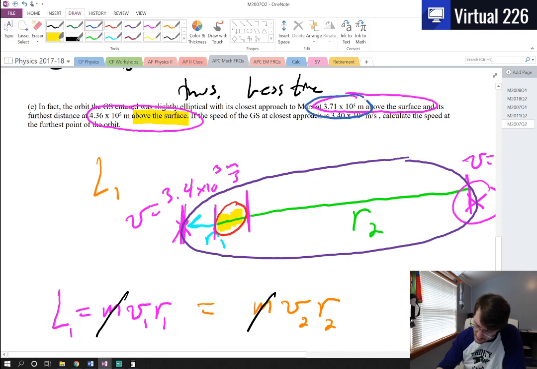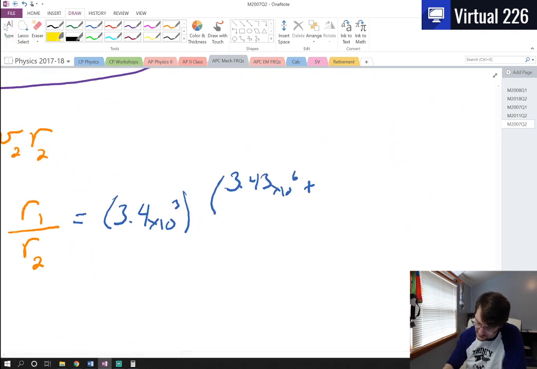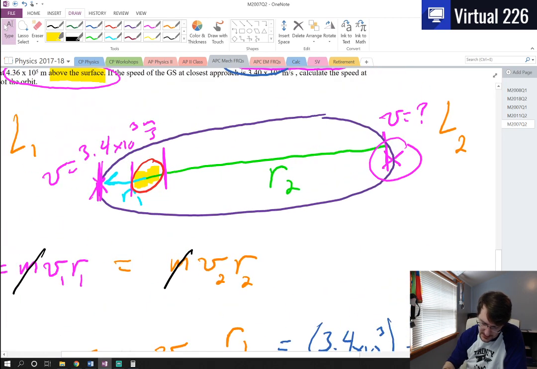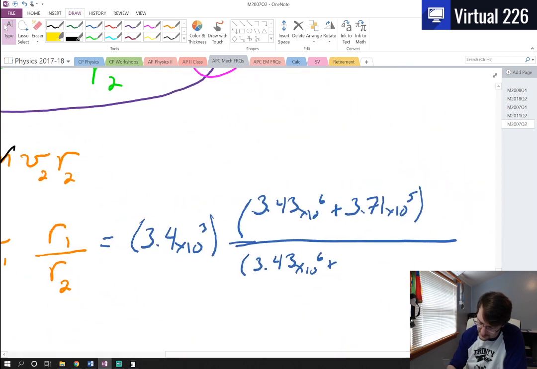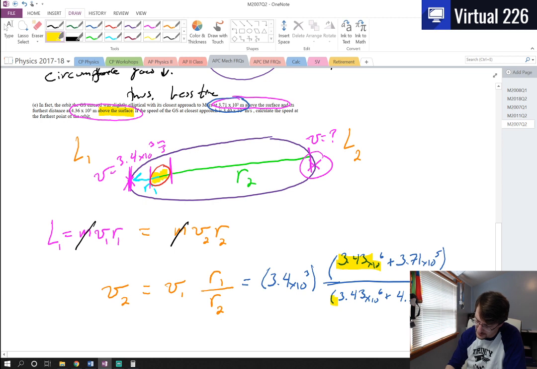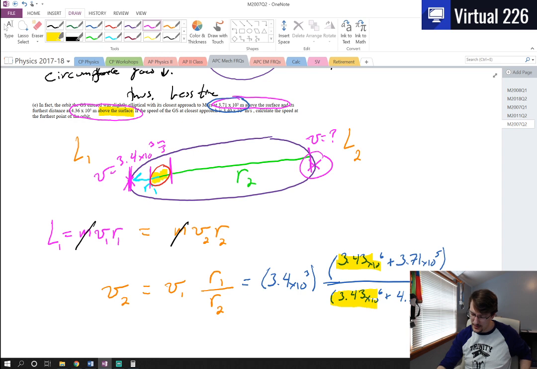This is R1, the closer side, so 3.71 times 10 to the fifth, divided by, once again, the radius of the planet plus that extra distance it is away, which is 4.36 times 10 to the fifth. That's what we want there. We need to make sure we're including the extra radius of the planet because we are above the surface.